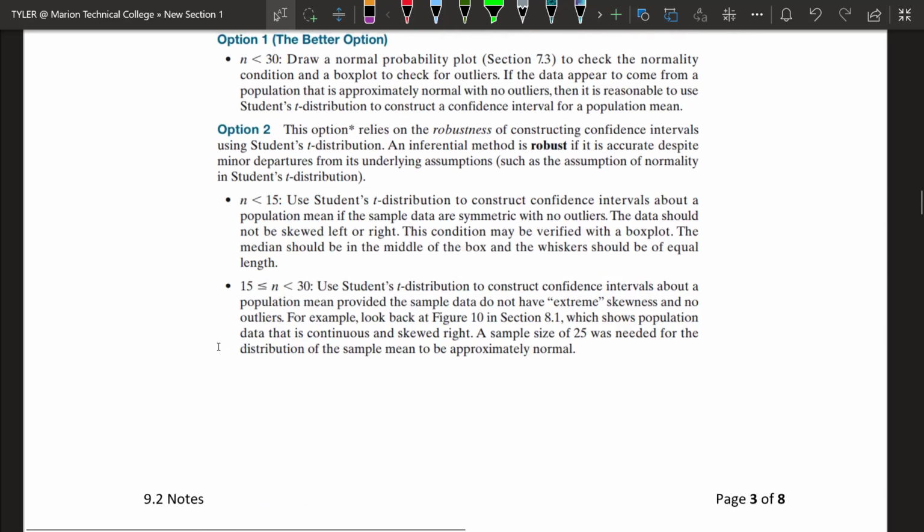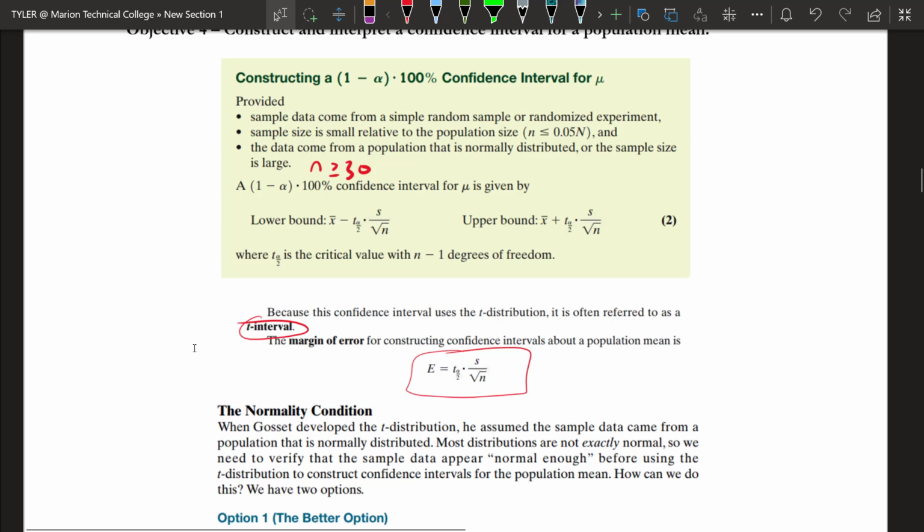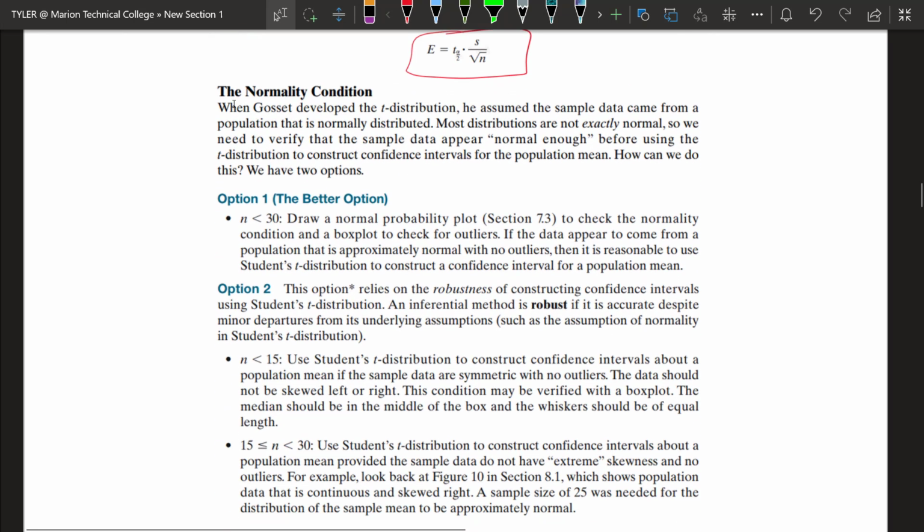Right? So now what we want to talk about is this normality condition. If you read in the text, Gosset is a mathematician that dealt a lot with this work. It says when Gosset developed the t-distribution, he assumed the sample data came from a population that is normally distributed.